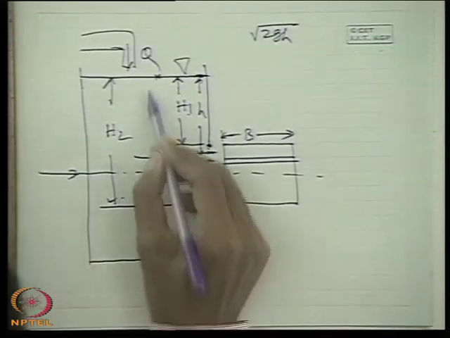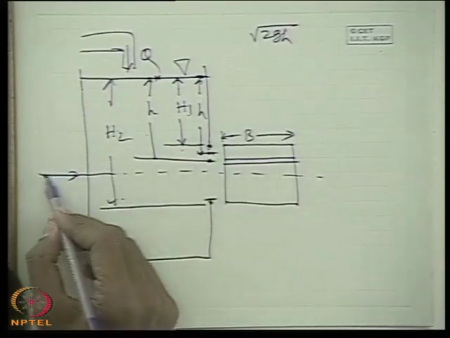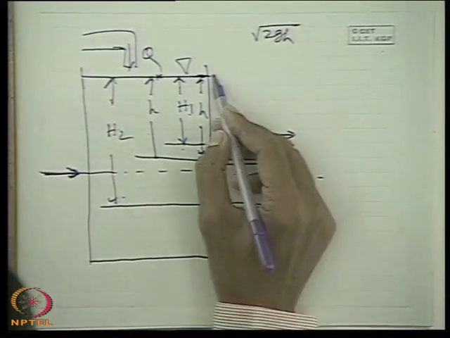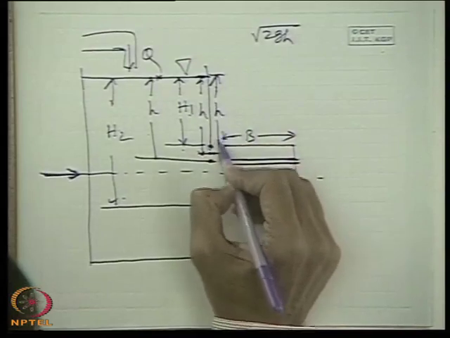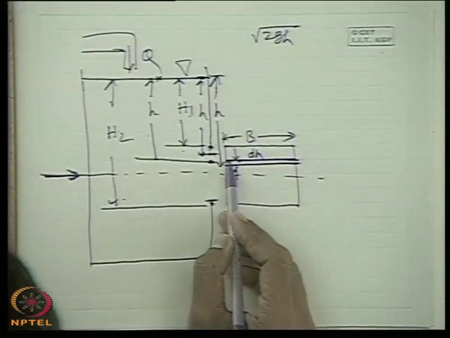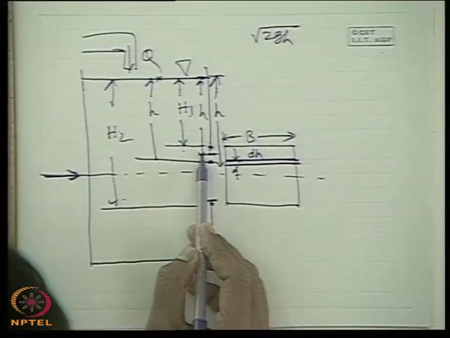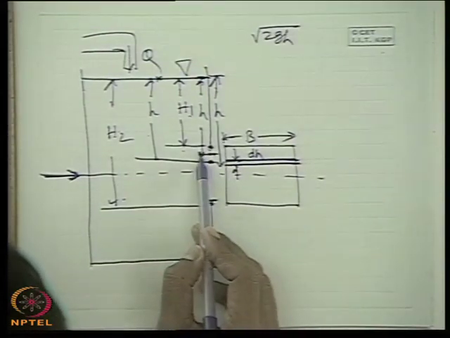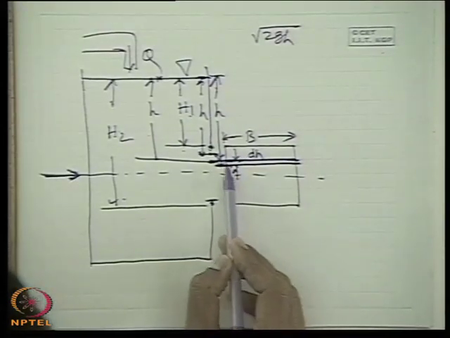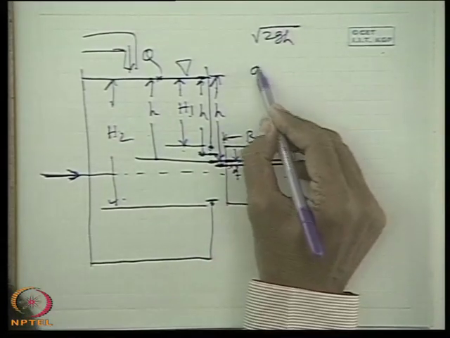If you take a view, you consider a small elemental strip at height h from the free surface, whose thickness is dh. That means its area is B dh, a small rectangular strip. Let dQ be the flow rate through it.